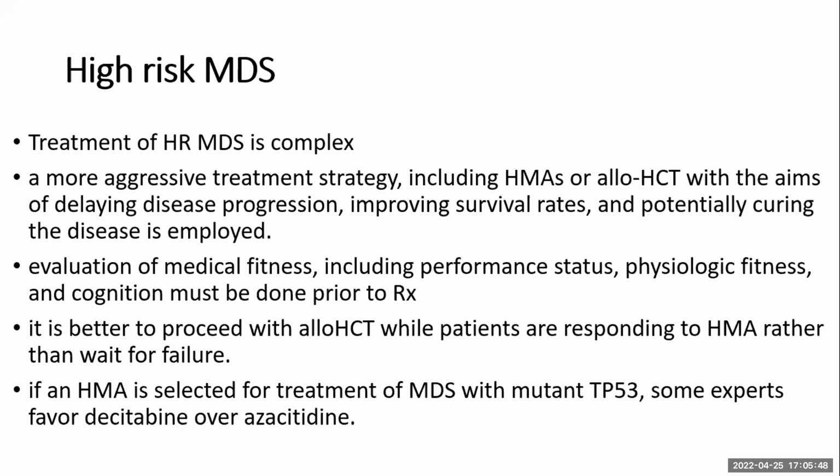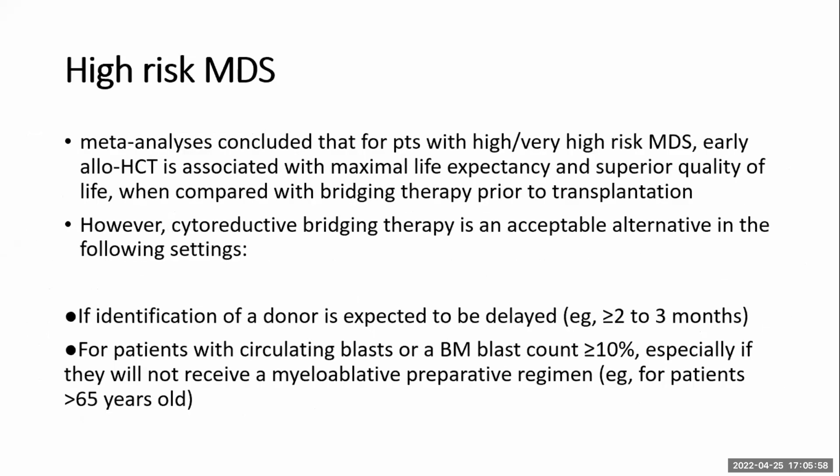If an HMA is selected for treatment of MDS with mutant TP53, some experts have advocated for use of decitabine over azacitidine, but there isn't strong evidence for this. Meta-analysis concluded that for patients with a very high-risk disease, early stem cell transplant is associated with the maximal life expectancy. However, cytoreductive bridging therapy is an acceptable alternative in the following settings.